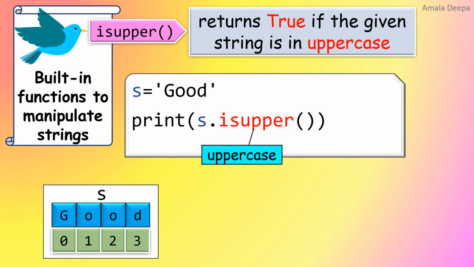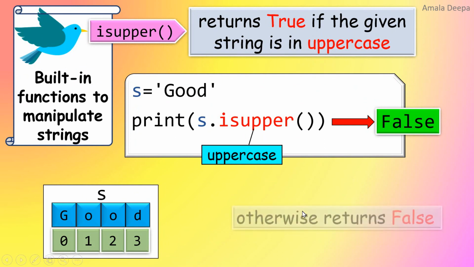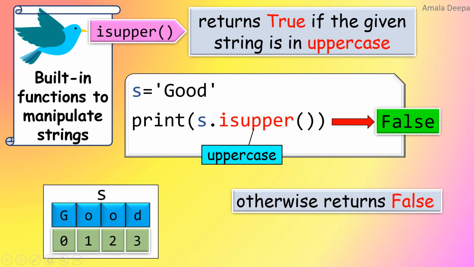Now it gives the output as false because in this string good, all the characters are not in uppercase. Therefore, the isUpper function returns true if the given string is in uppercase, otherwise it returns false.